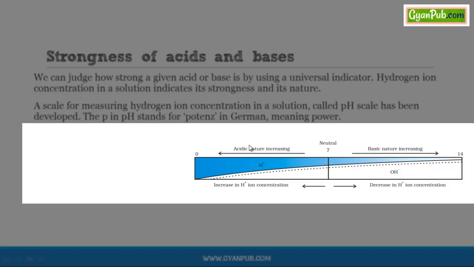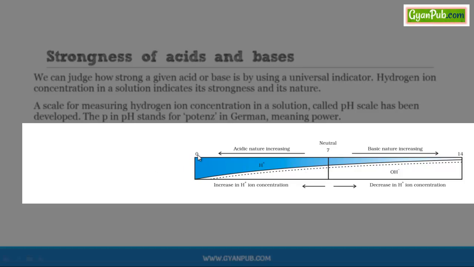There is a middle value between 0 and 14, which is 7, where the H+ ion concentration and OH- ion concentration are the same. So there the substances are neutral, with equal amounts of H+ and OH- ions.